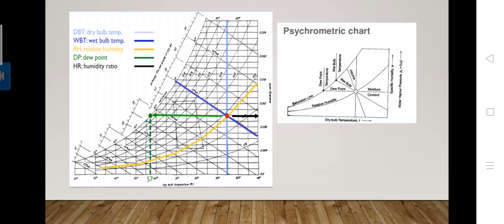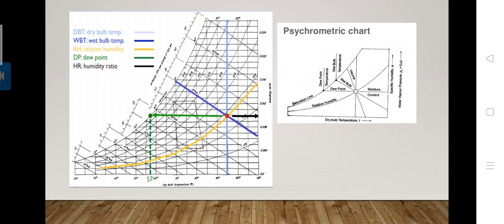Next are the enthalpy lines, which are the same as the wet bulb temperature lines. To read the value of enthalpy, the wet bulb temperature lines are extended up to the enthalpy scale, which is diagonally above the saturation curve, and we read the enthalpy in kilojoule per kg.